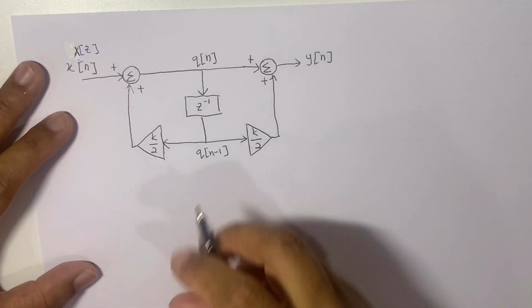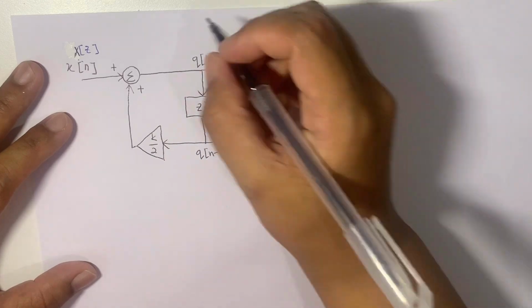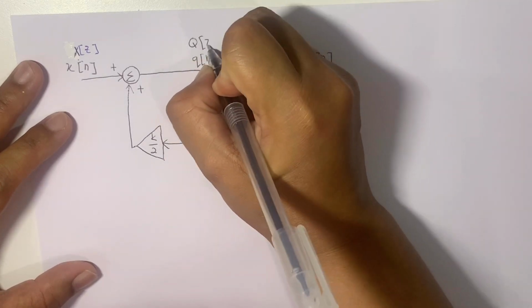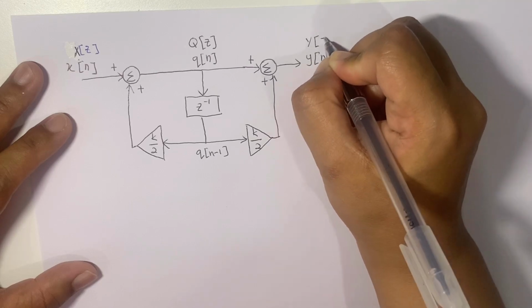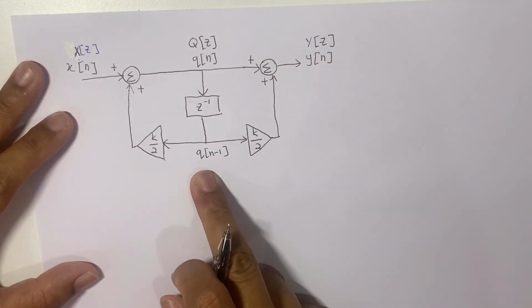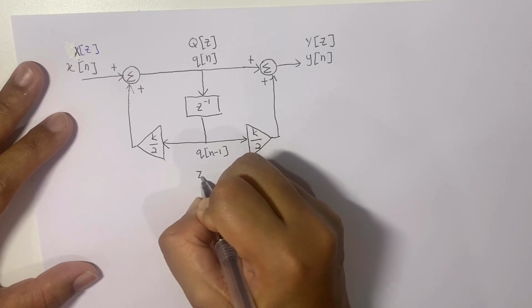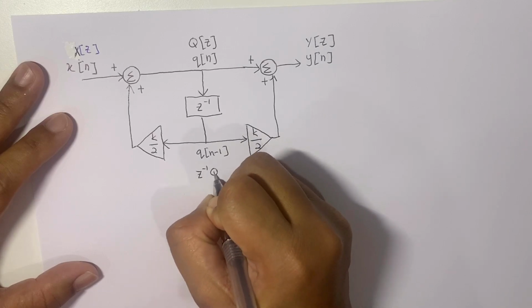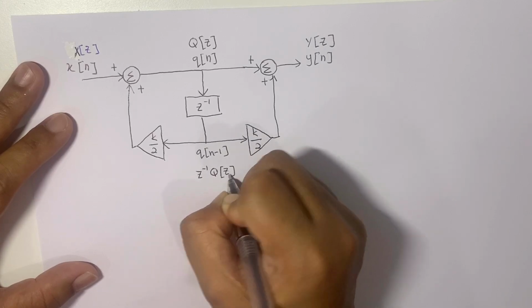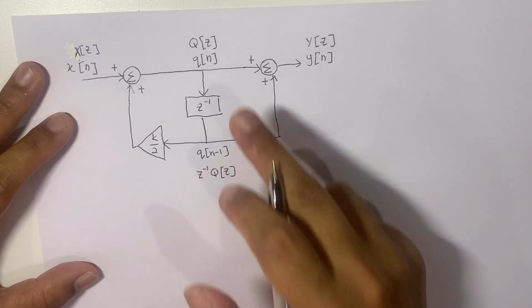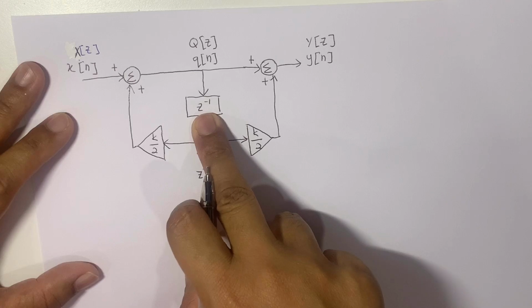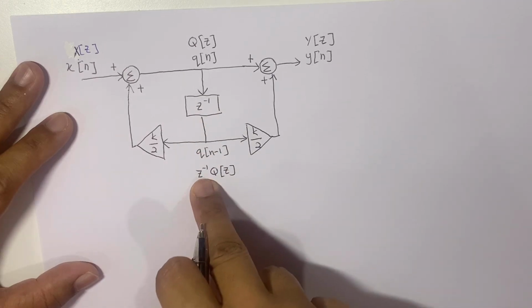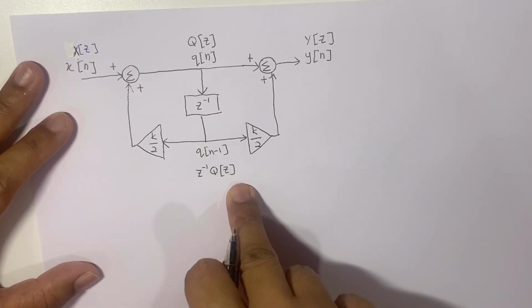And then q[n] to Q(z), y[n] to Y(z). How about this one? This is z to the power of -1 Q(z). Actually, it comes from here, Q(z) times z to the power of -1. So you will get z^-1 Q(z).